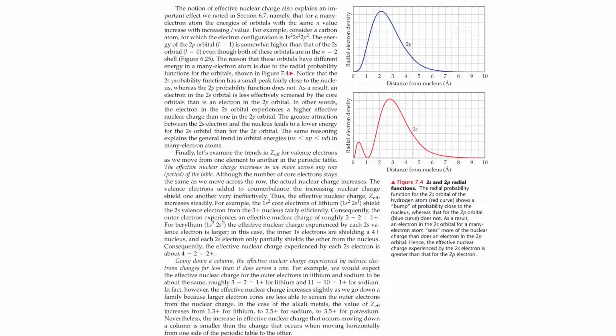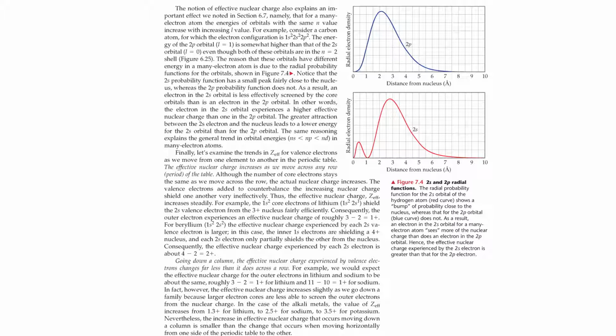The reason that these orbitals have different energy in a many-electron atom is due to the radial probability functions for the orbitals shown in figure 7.4. Notice that the 2s probability function has a small peak fairly close to the nucleus, whereas the 2p probability function does not. As a result, the electron in the 2s orbital is less effectively screened by the core orbitals than the electron in the 2p orbital.